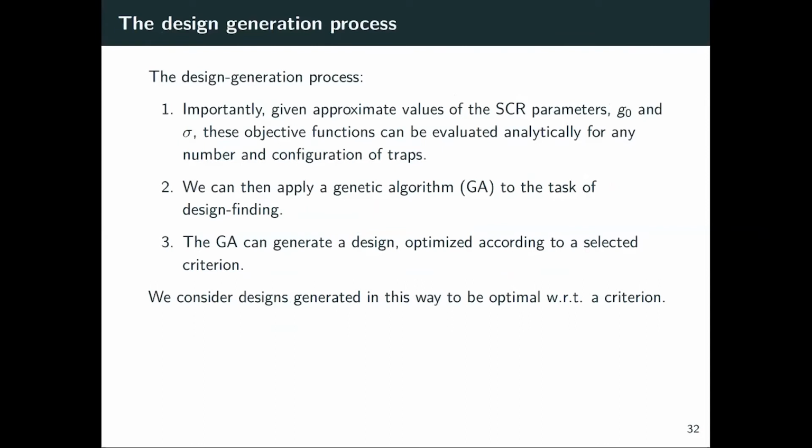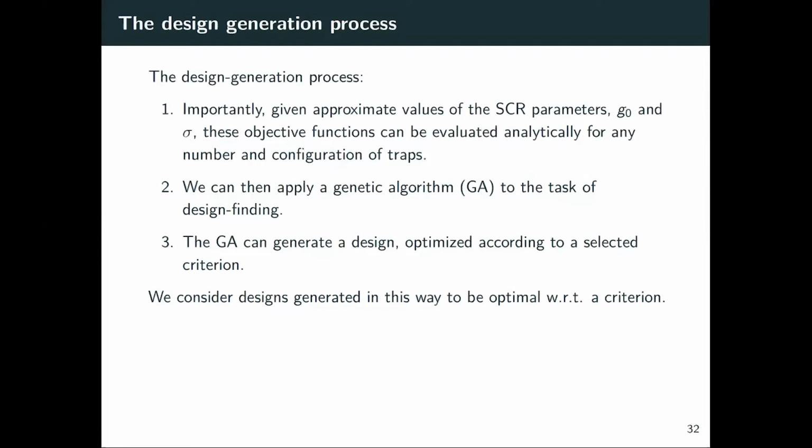So a bit more detail about the design generation process. Importantly, given approximate values of oSCR parameters like baseline detection and space use sigma, these objective functions can be evaluated analytically for any configuration of traps. Those values could come from the literature, previously published articles, or from a pilot study. We can then apply a genetic algorithm to the task of design finding.